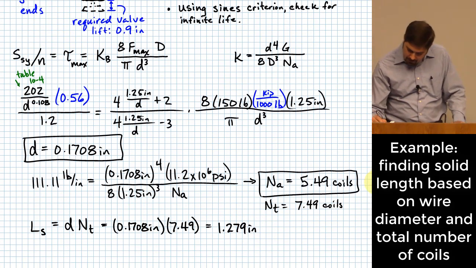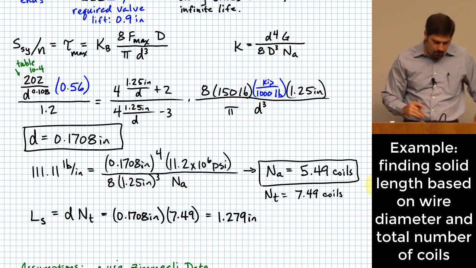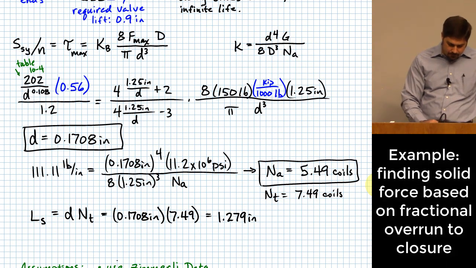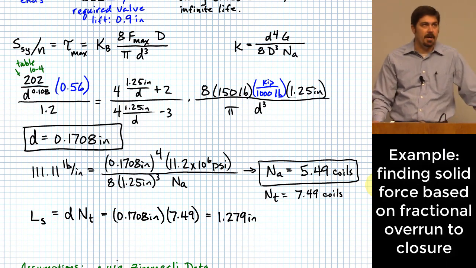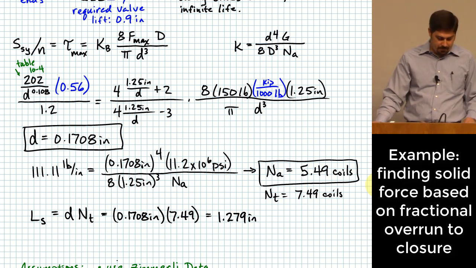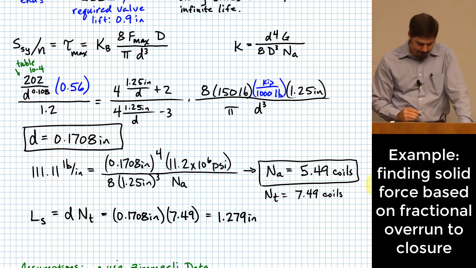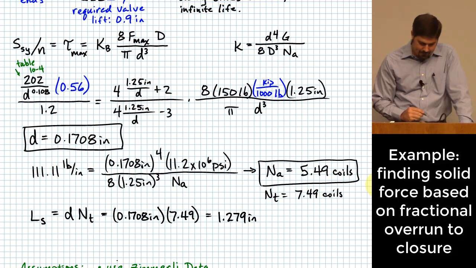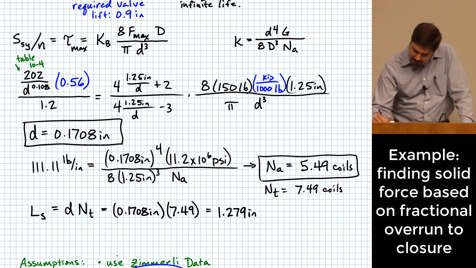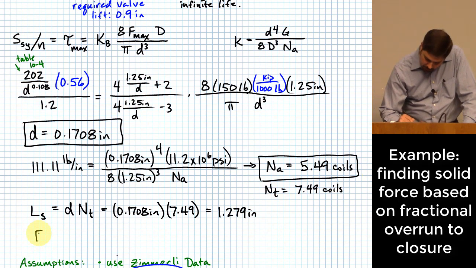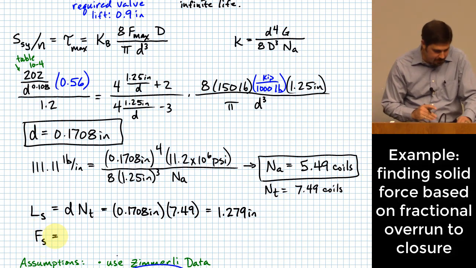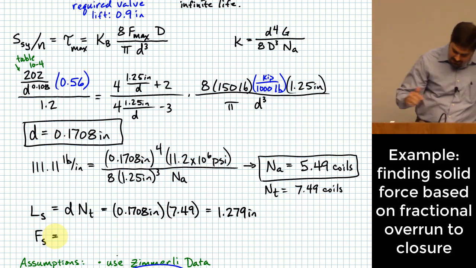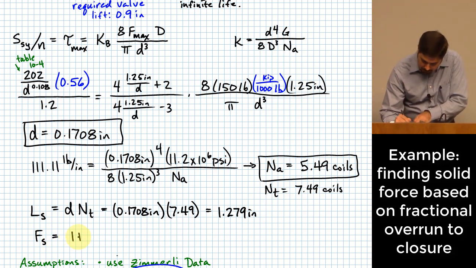So 1.279 inches there. How do I use that to get my solid force? I would maybe say it this way. Solid force, I can get that from equation 10.17 because it's 1 plus the fractional overrun to closure times my maximum force.